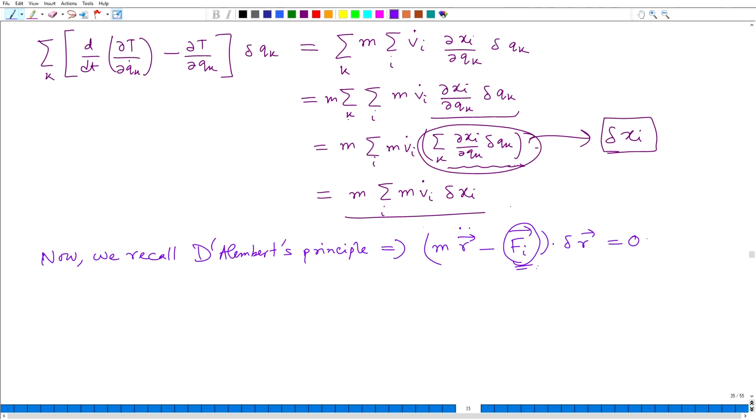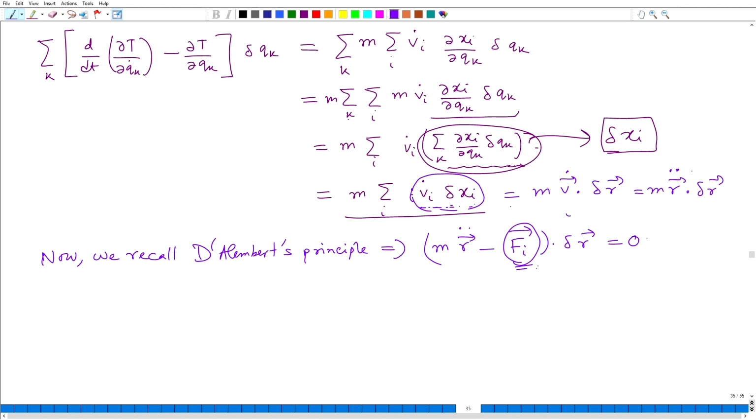If I have this, I can actually check that here you have summation over i v i dot delta xi is nothing but m. I have made a mistake over here. There are two m's everywhere, sorry for that. So, here you will have m summation over i, it will be simply v, I now forget the summation, okay. It will be simply v dot delta r or m r double dot delta r.